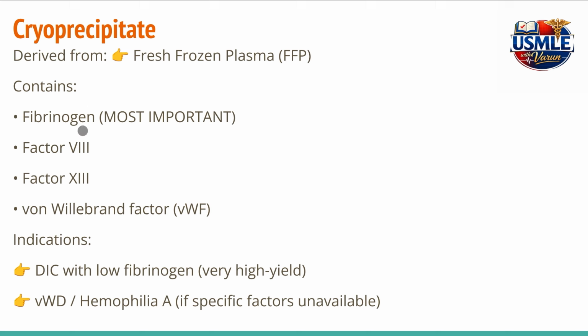So, it helps us in replacing fibrinogen in patients suffering with DIC. It also contains factor 8 and 13 and von Willebrand factor. So it can be used in von Willebrand disease or hemophilia A if needed.